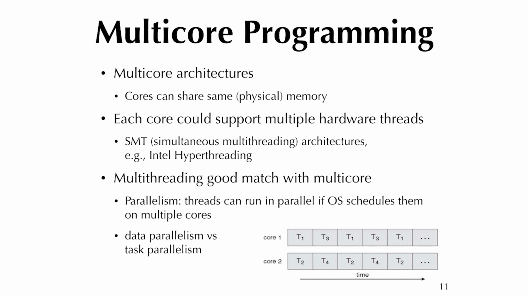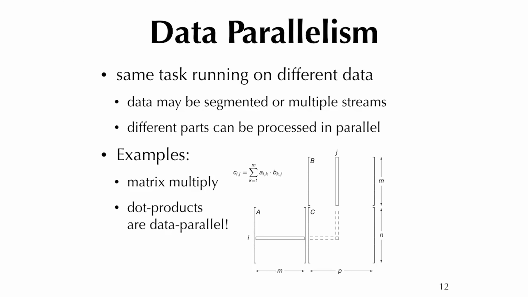Now, there's different kinds of parallelism. Roughly data parallelism on one hand, task parallelism on the other hand. Now, data parallelism means you can partition up your data so that the same task, or more or less the same task, can work on different parts of the data independently. What would be an example?